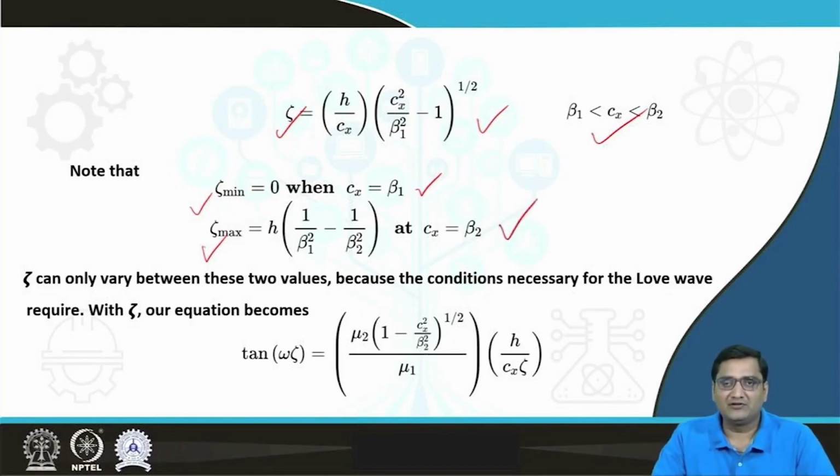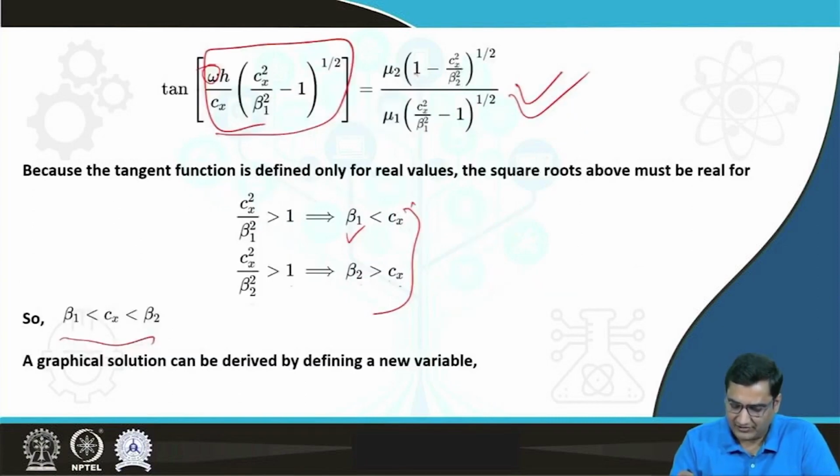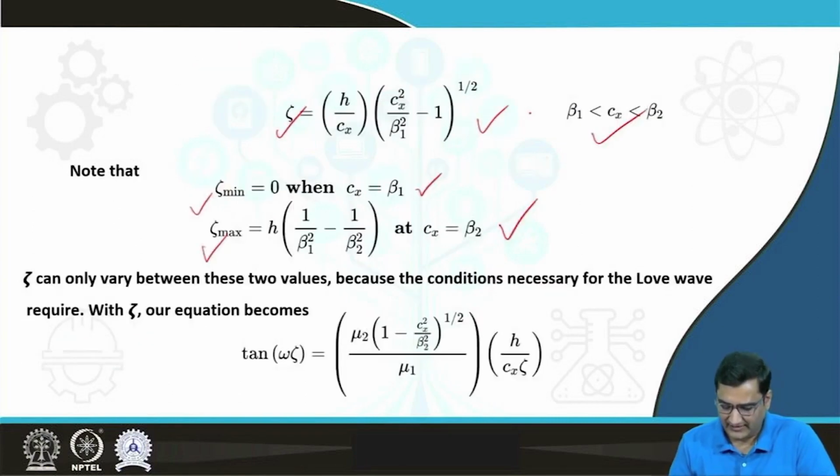So zeta will be varying between these minimum and maximum values, and that is also true for the Love wave to exist in the low velocity layer over a high velocity half space.